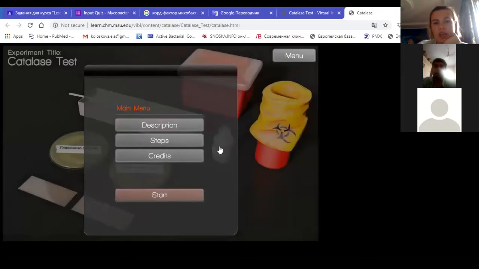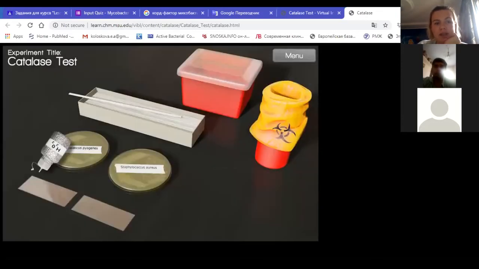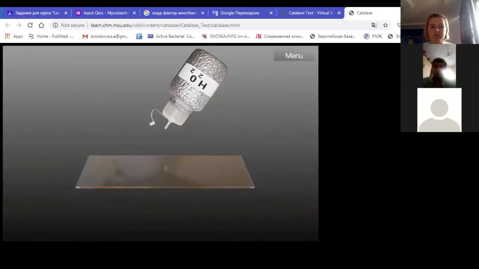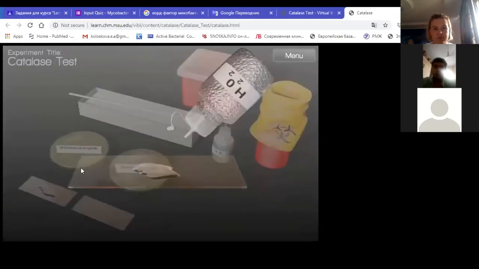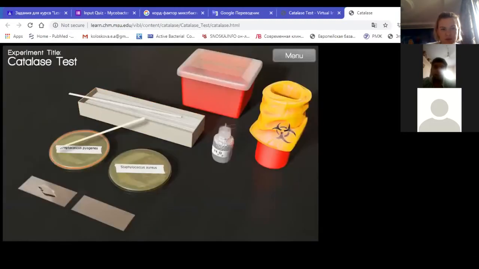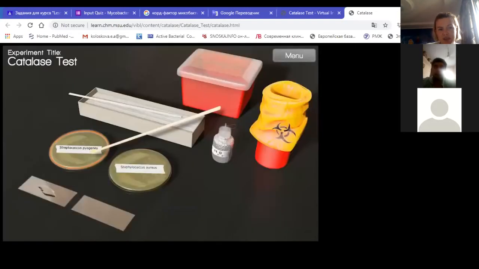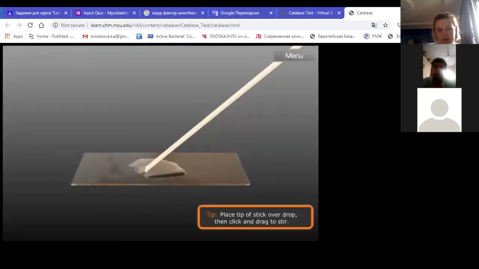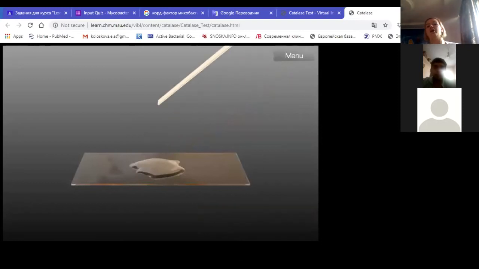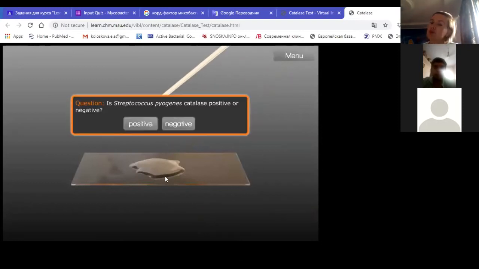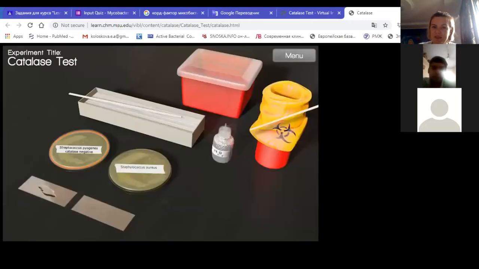Look, please. Start. We add hydrogen peroxide on the slide. After that, we take separate colonies and mix it. Do you see any bubbles? Of course, no. It means a catalase negative result.